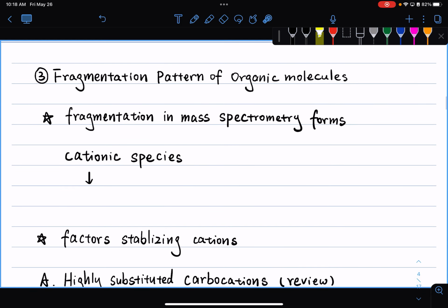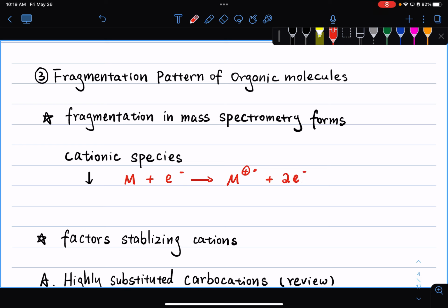All right, and then let's think about the fragmentation pattern of organic molecules. So, just as a reminder, what we're forming when we're doing the fragmentation is you start from a neutral molecule, you shoot it with an electron beam, you end up with a cationic species, and, well, one electron leaves.